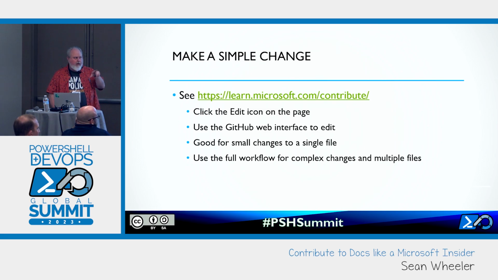And you can, from there, edit right in GitHub, make the changes, and it will create a working branch for you. It'll create a fork if you don't have one, creates a working branch, and you can submit it as a PR. That's great for small changes and single files, but if you're doing a large change and you need to change multiple files, then you want to use the full Git workflow, which we'll talk about.